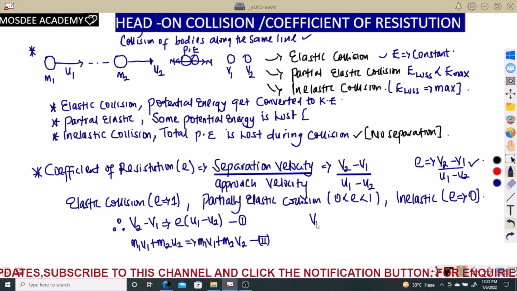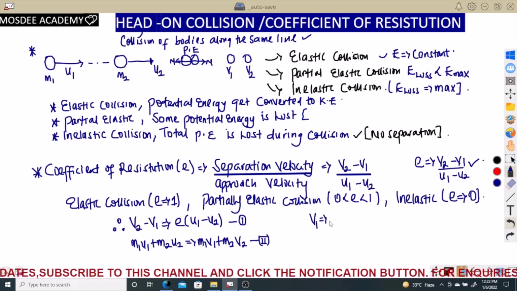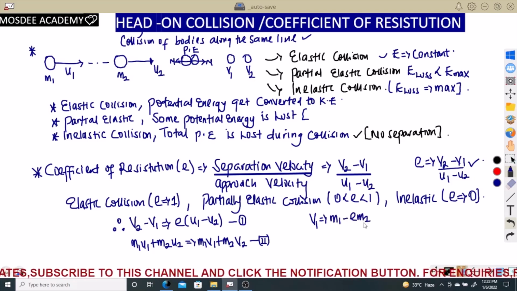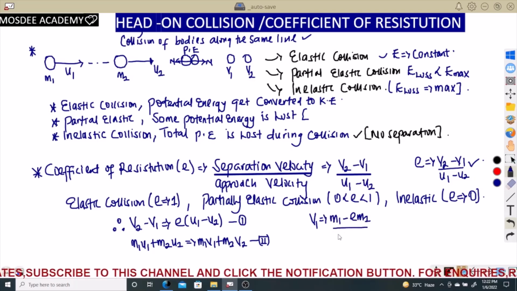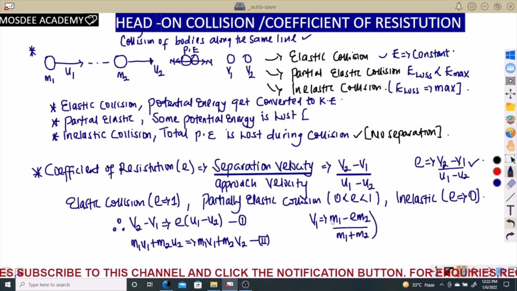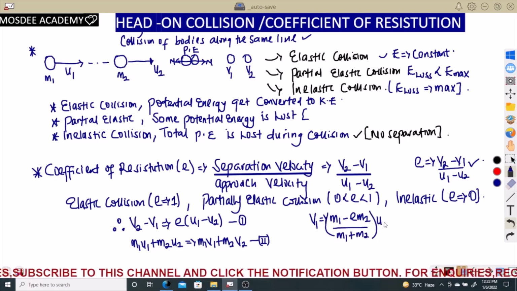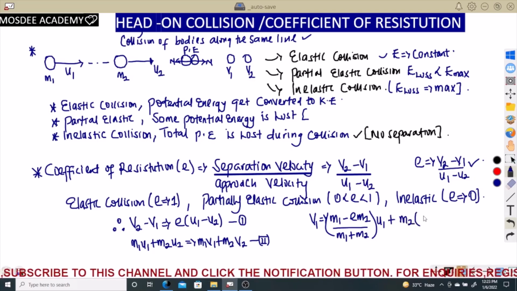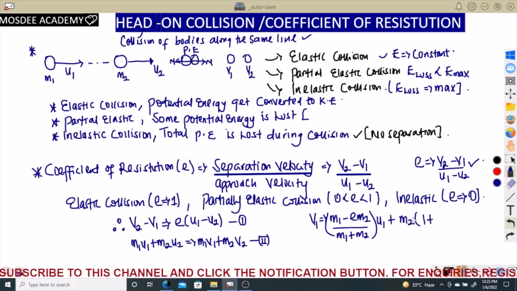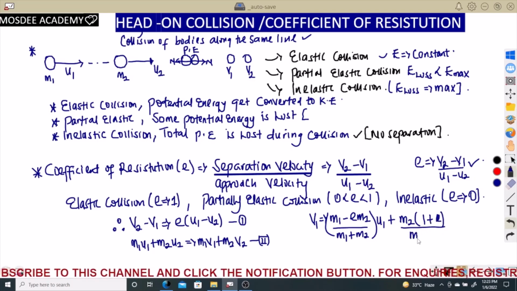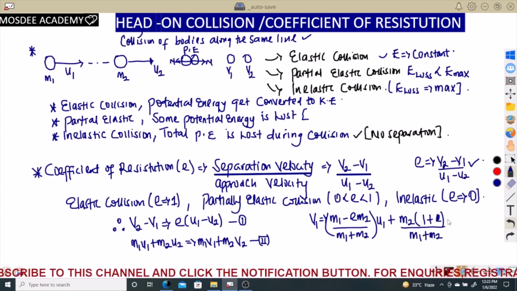So the final velocity from these equations gives v1 equals (m1 minus e m2) over (m1 plus m2) multiplied by u1, plus m2(1 plus e) over (m1 plus m2) multiplied by u2.